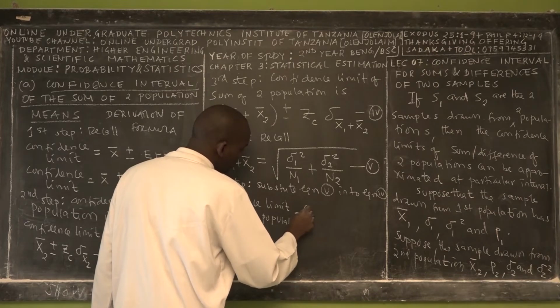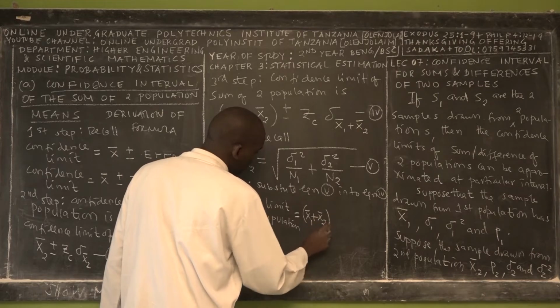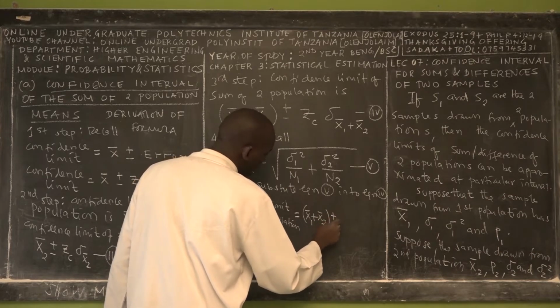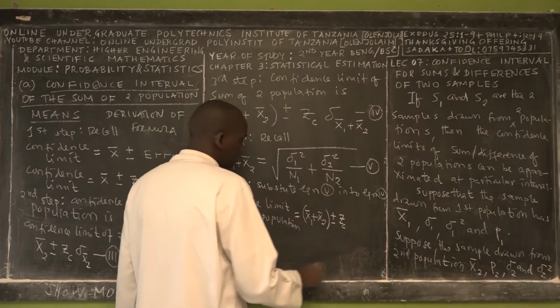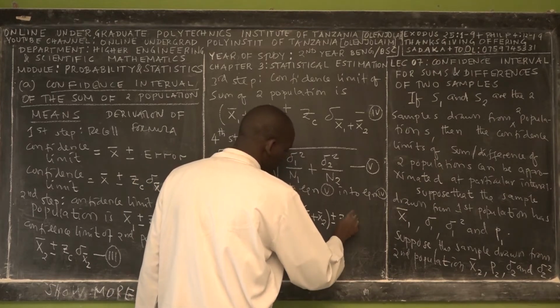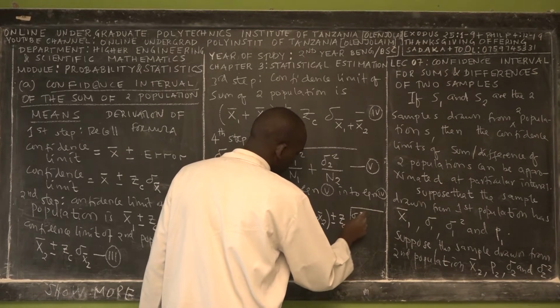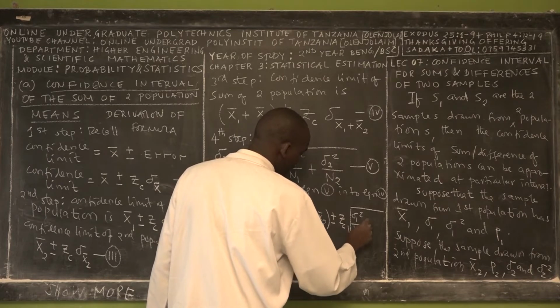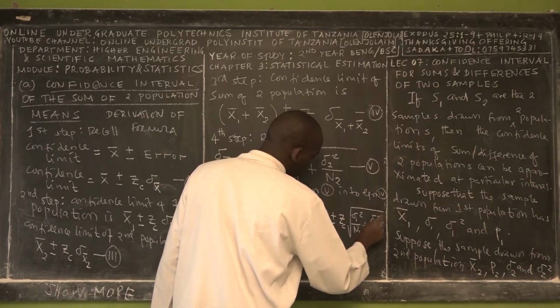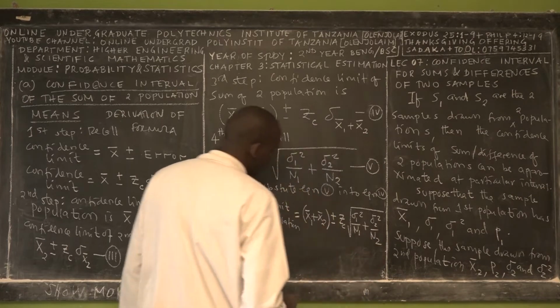Sample mean 1 plus sample mean 2, plus or minus the standardized value at critical value, then the square root of variance 1 squared over sample size 1 plus variance 2 squared over sample size 2.